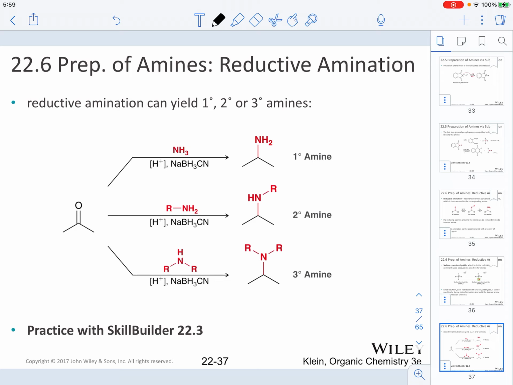If you use ammonia, you can form a primary amine, which is what we see in the first row of reactions. If you use a primary amine, that is going to yield a secondary amine. And lastly, if you have a secondary amine in this reaction, you can yield a tertiary amine.